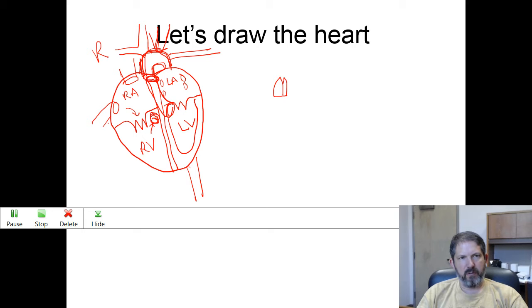And this aortic semilunar valve, very important. Anyway, so blood to there. So right side pumping to the lungs, left side receiving from the lungs, pumping to the body.